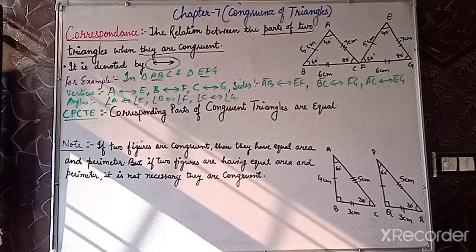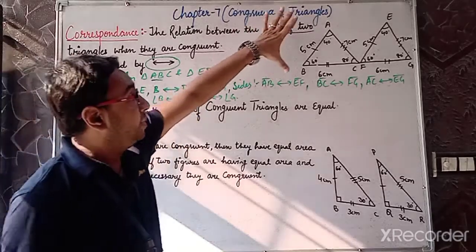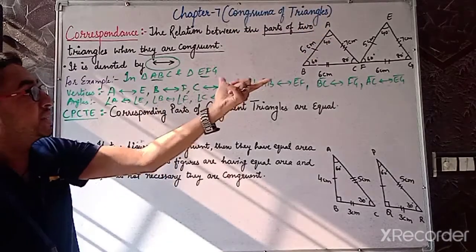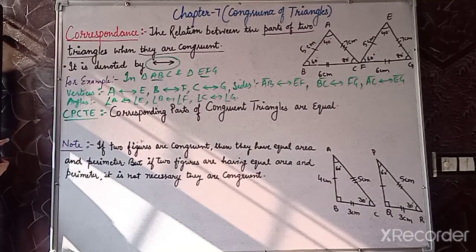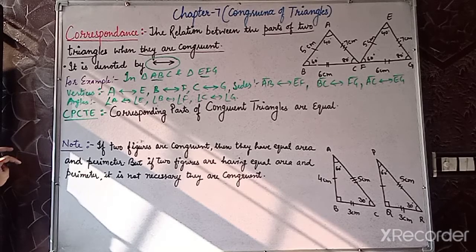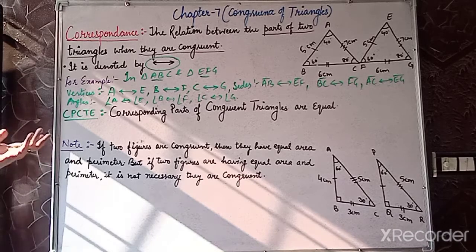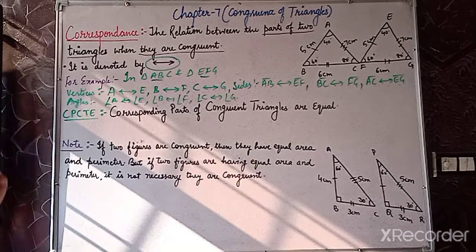Correspondence means same, similar. Angle A, angle E: 40 degrees, 40 degrees. Angle B, angle F: 60 degrees, 60 degrees. Angle C, angle G: 80 degrees, 80 degrees. This is what correspondence means.